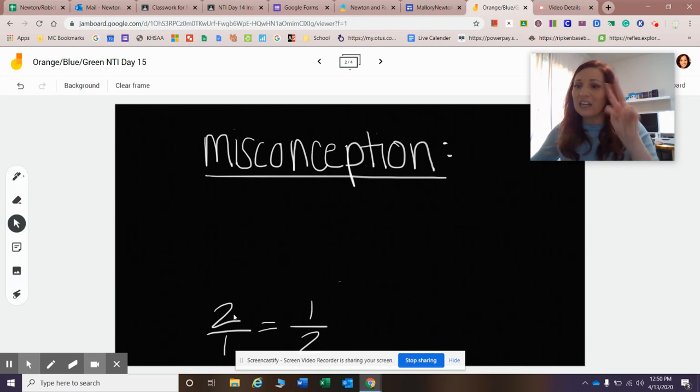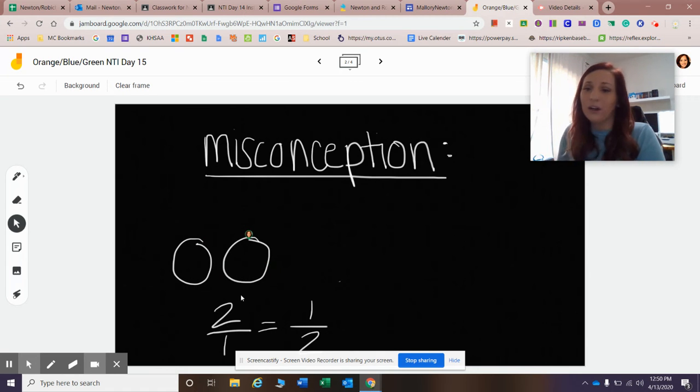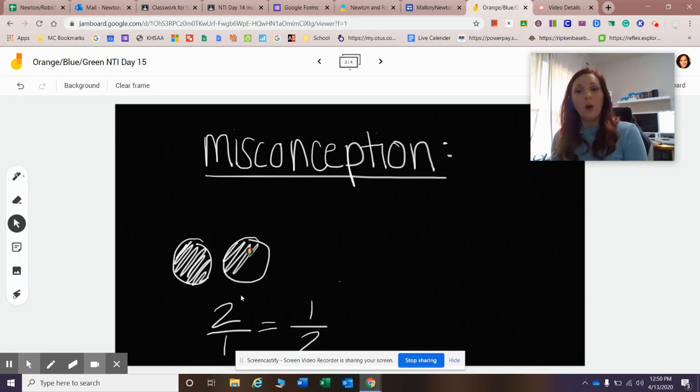And it says that I ate 2 of those parts. So if I were to draw this in, I wouldn't slice it up, because the denominator tells me that it doesn't get sliced, that it's 1 part. Then I color this in because it says I have 2 of 1 part. Therefore, 2 over 1 is the same thing as 2 wholes.